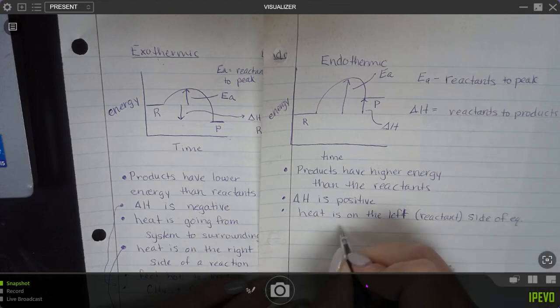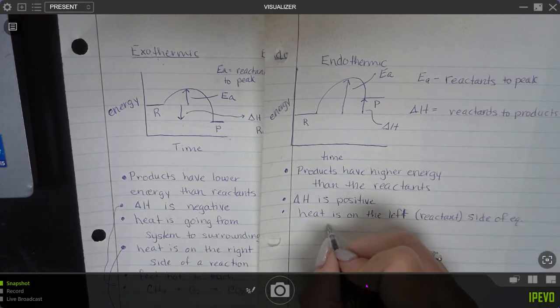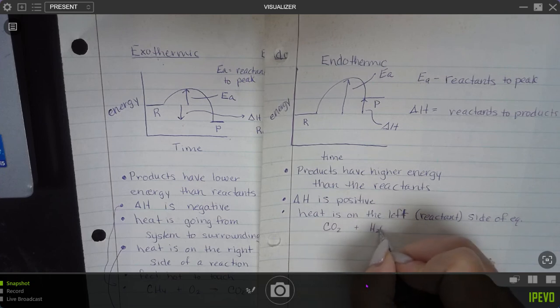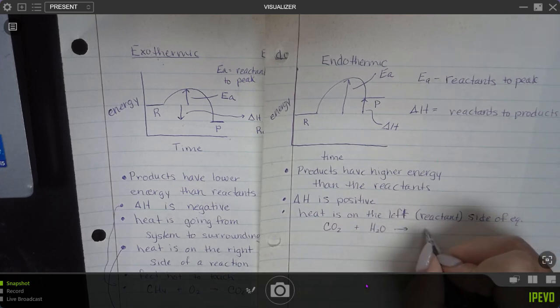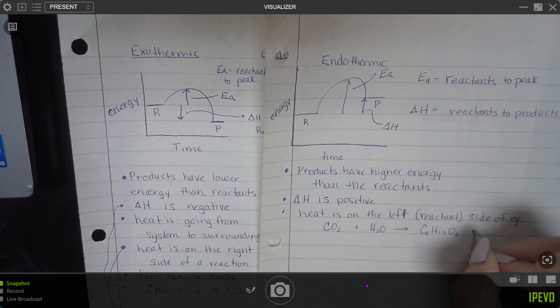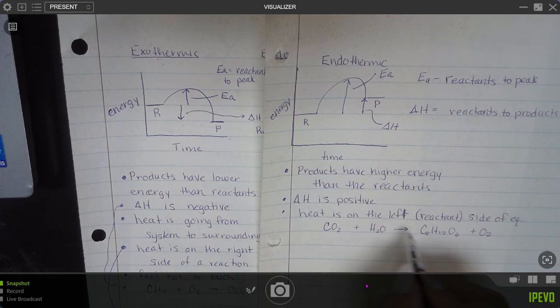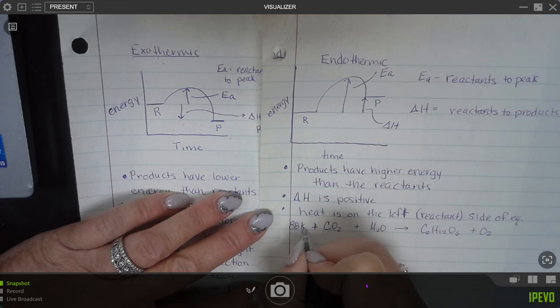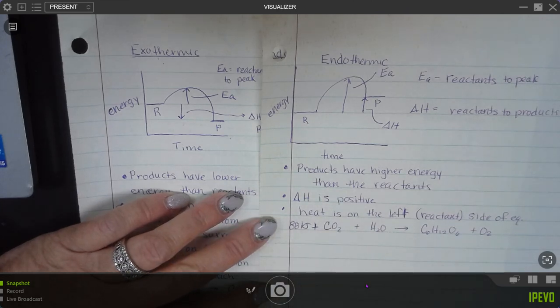So if we were to see this, we might see something like this, and heat would be on the left. So heat would be over here on the left side of my reaction.